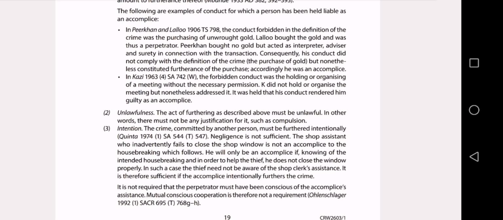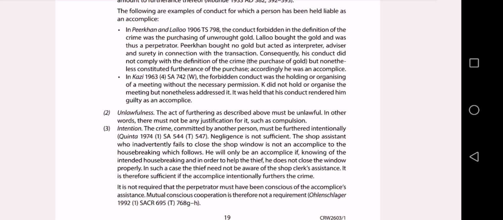Pekan bought no gold but acted as interpreter, advisor, and surety in connection with the transaction. Consequently, his conduct did not comply with the definition of a crime, the purchaser of gold, but nonetheless constituted furtherance of the purchase. Accordingly, he was an accomplice.